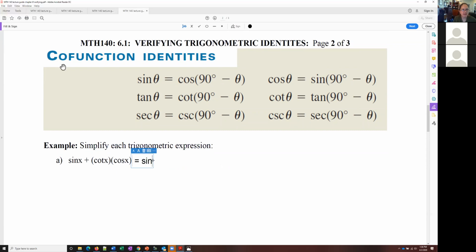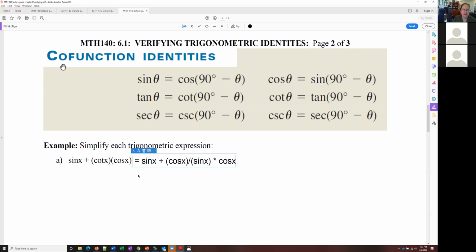So I'm going to leave the sine x alone. I'm going to replace cotangent x with what I know cotangent is equal to. So I know that cotangent is equal to cosine x divided by sine x. I'm going to take that and multiply it by cosine x.